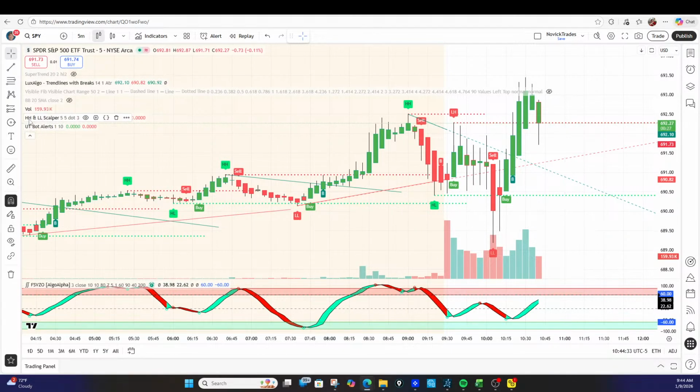Okay, this is called an HH and LL scalper. It's in TradingView. And if we notice here, we had a lower high, lower low.